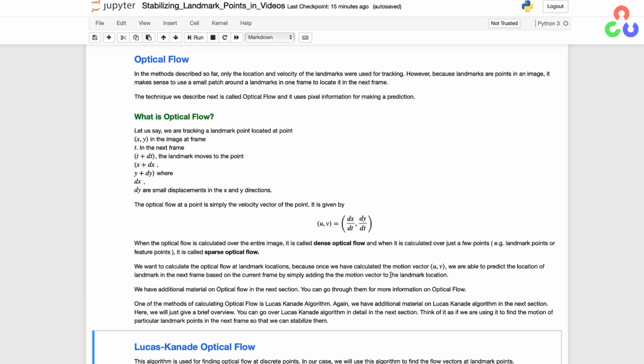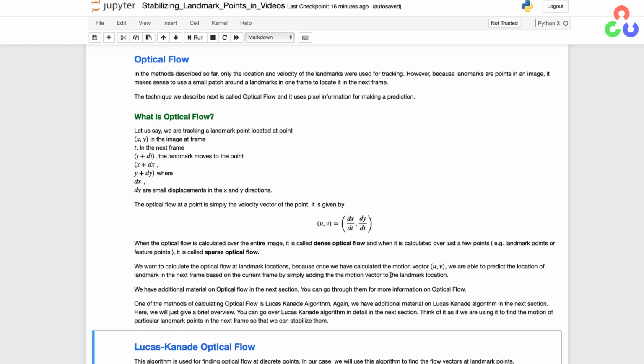Now, optical flow was also covered in the previous course, but in case you have not taken course 1, let's go over optical flow briefly here and see what we want to achieve. Now, one way to think about stabilizing landmarks is to think about it as tracking.